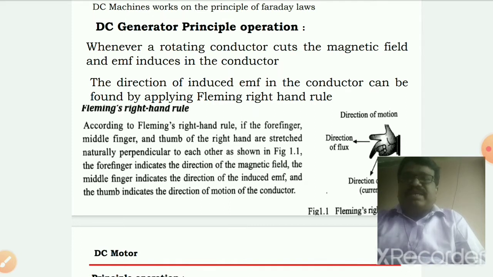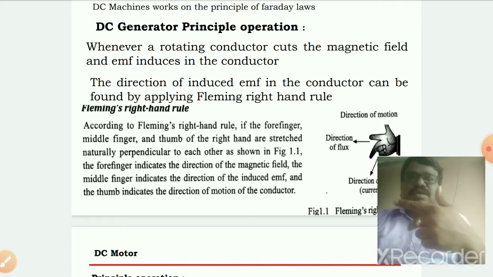So Fleming's right hand rule states that by taking your right hand and placing the three fingers, that is thumb, forefinger and middle finger, perpendicular to each other, the forefinger shows the direction of magnetic flux, the thumb shows the direction of motion of the conductor, then the middle finger shows the direction of induced EMF in the conductor.